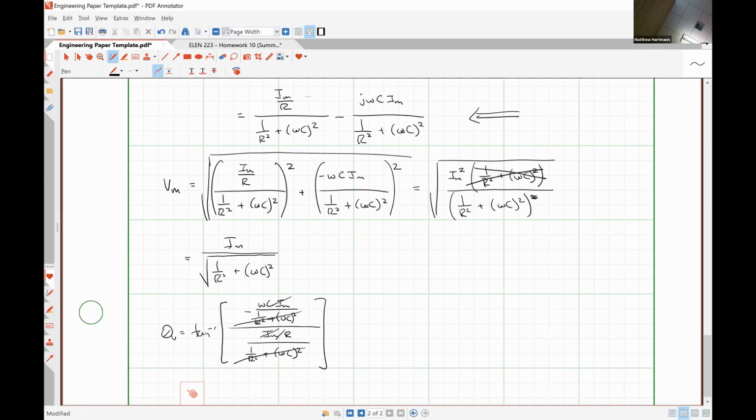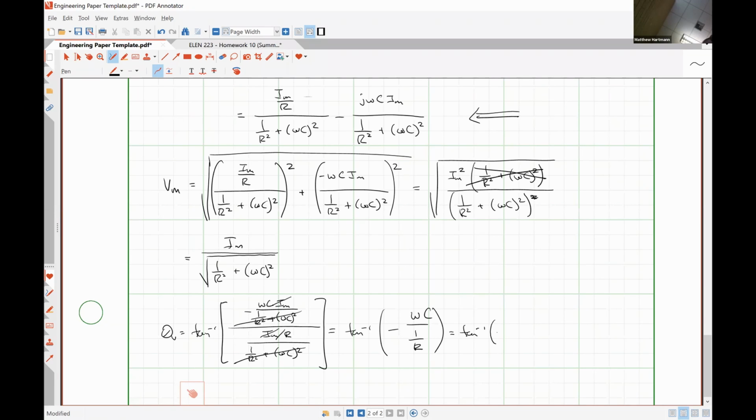So we're going to have the inverse tangent of negative omega c 1 over r. What's this going to simplify to? Omega CR.